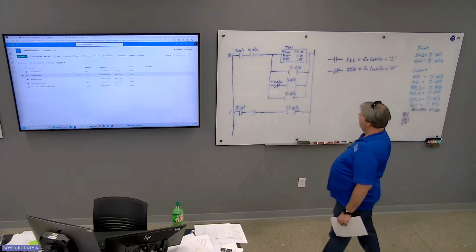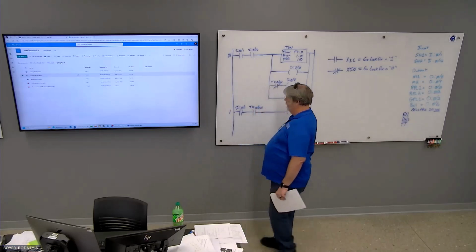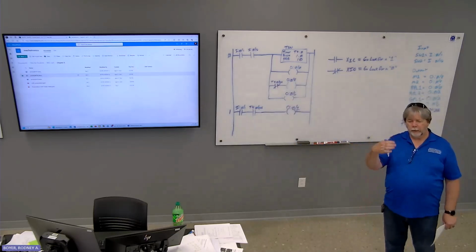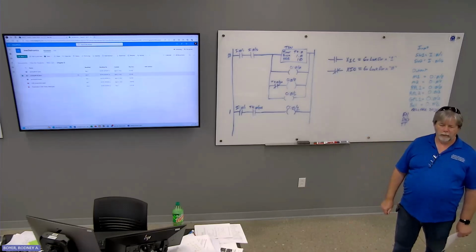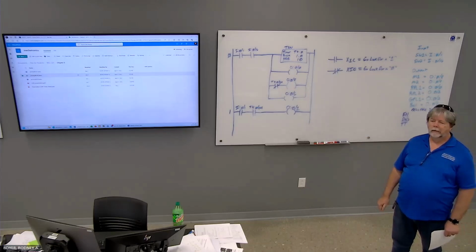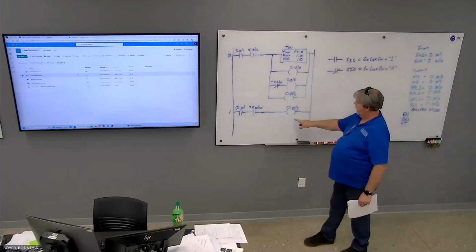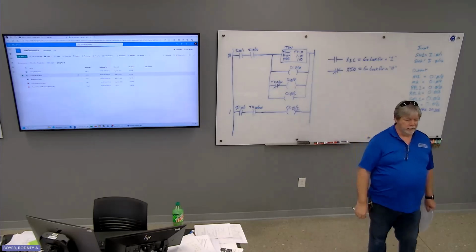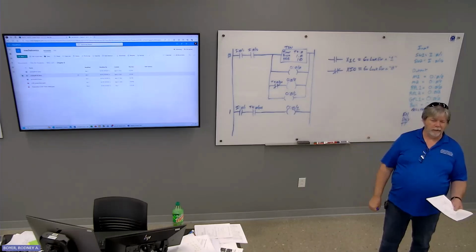XIC. When the 10 seconds is up, accumulated equals preset, done bit set. Turn on, become a 1. I want to go look for a 1 in order to turn on my second red pilot light. So this says do not turn that on until after 10 seconds have elapsed.